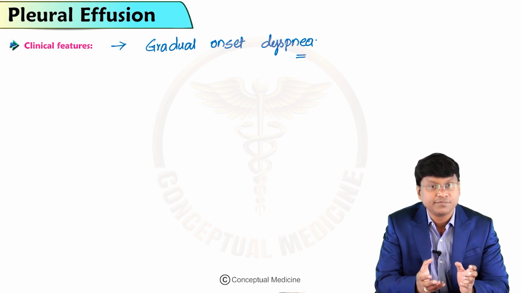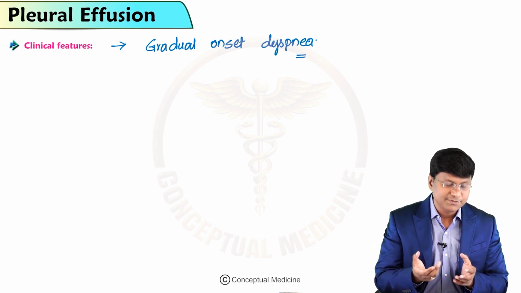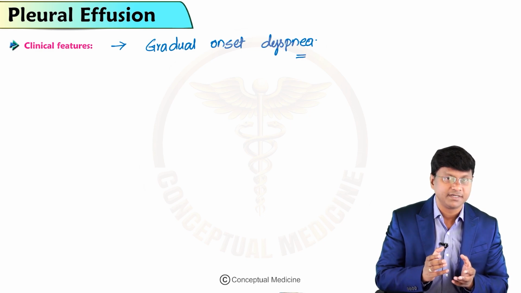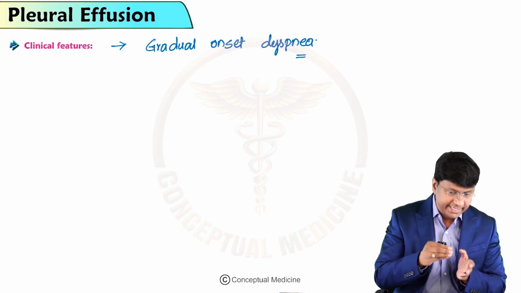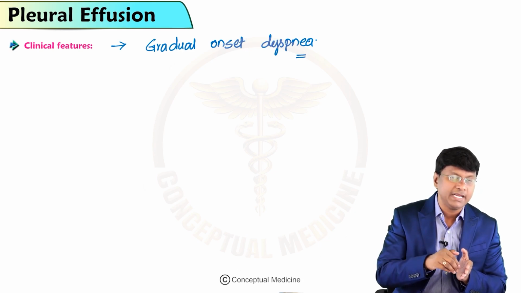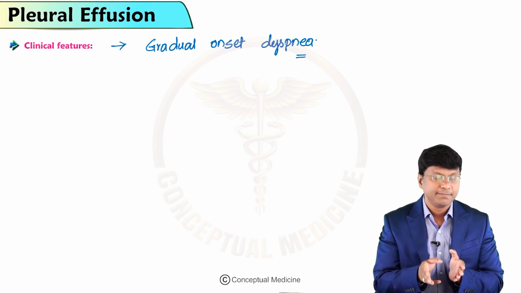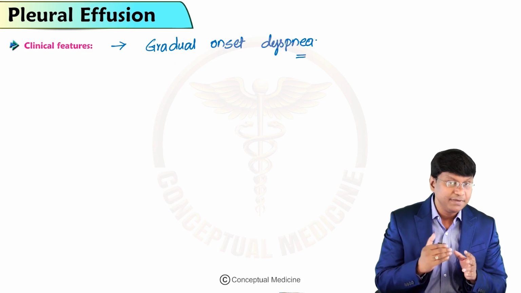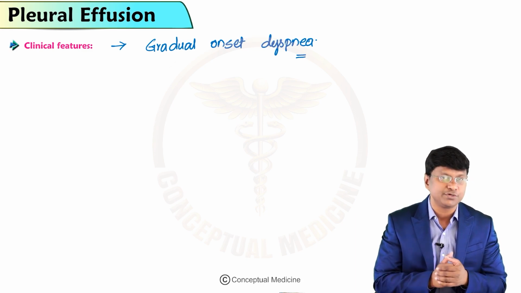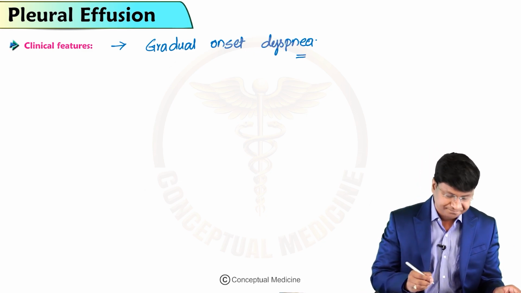Because the excess pleural fluid accumulated in the pleural space will compress the lung parenchyma. Once the pleural fluid compresses the lung parenchyma, the exchange of gases does not occur. The air from the alveoli does not enter the pulmonary capillaries because of the fluid in the pleural space. Because of this impaired exchange of gases, the individual develops gradual onset dyspnea.